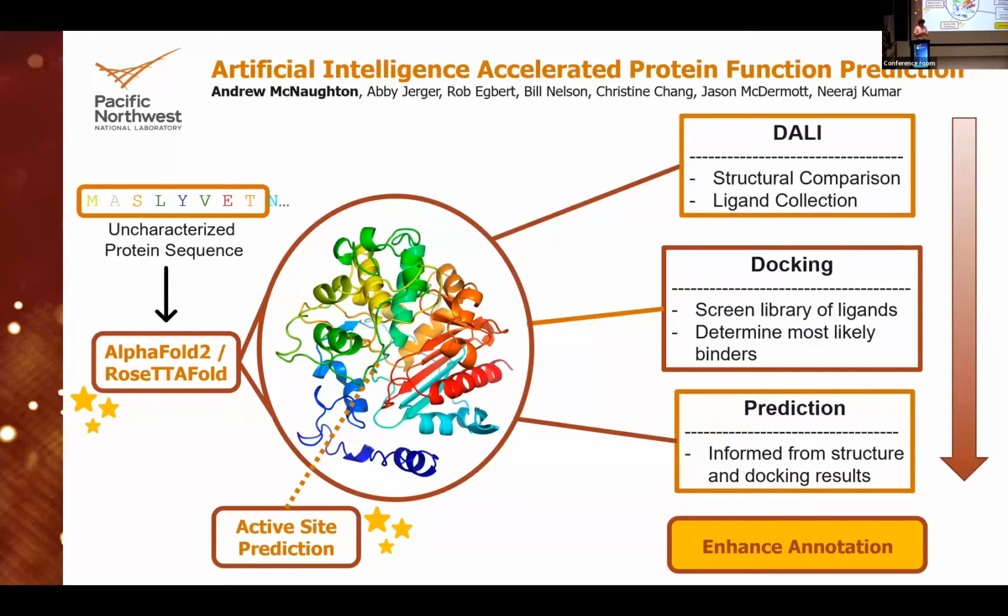Through that, we can collect a large quantity of evidence that may elucidate some of the functional capabilities of these proteins. We can make predictions based on all of the previous steps of the process, and potentially enhance the annotation in order to give experimentalists an idea of their role in a pathway or the role in the cell.